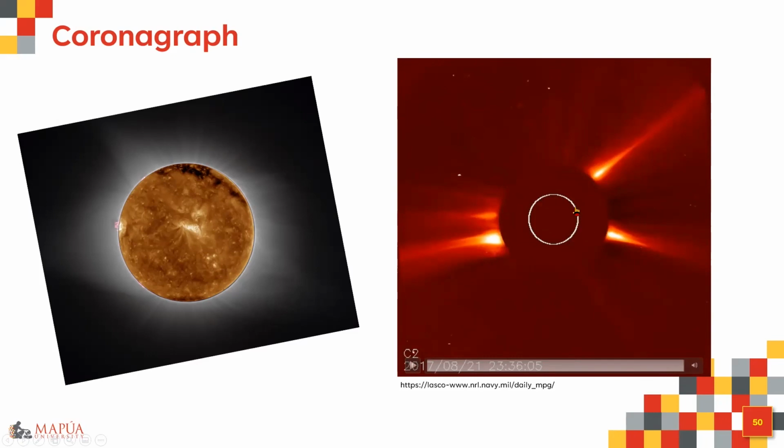So imagine this is the size of the sun. Aside from covering this part, we can actually cover this gray part so that we can observe this. This is the same date, August 21, 2017.